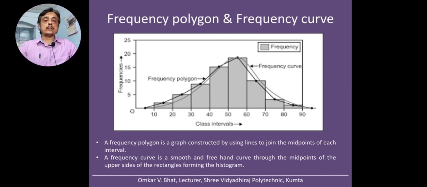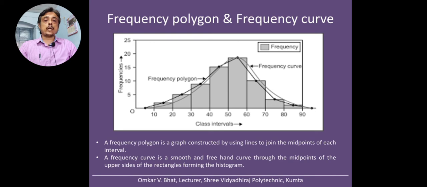For example, see in the first bar from the class interval 10 to 20, on top of it there is one black dot. That black dot represents midpoint of class interval or midpoint of that vertical bar.